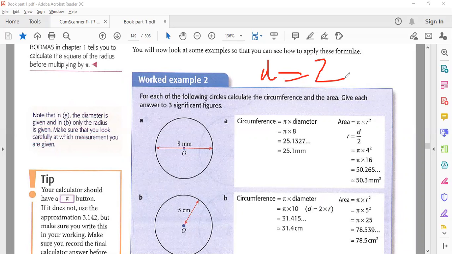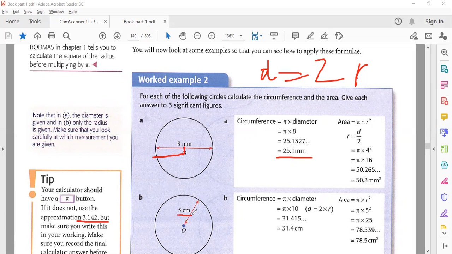From here to here is half, and from here to here is half, so r and r together make 2r. Because you have 8, you just multiply 8 by pi and you will get your answer. The value of pi is 3.142, which is already mentioned here. You can also say 22 divided by 7, which is also about 3.14.